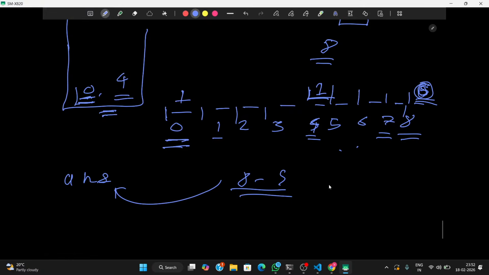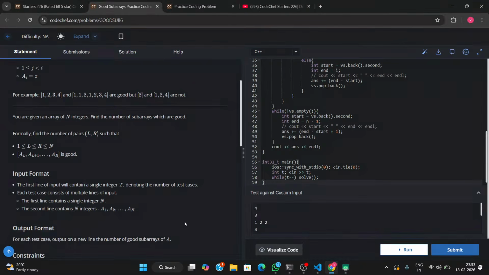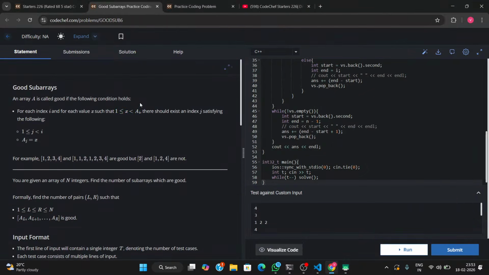So for this also, we will simply add 8 minus 0, that is the current index minus the index at which the segment started, to our answer. So this was the logic to the fifth question of our contest.